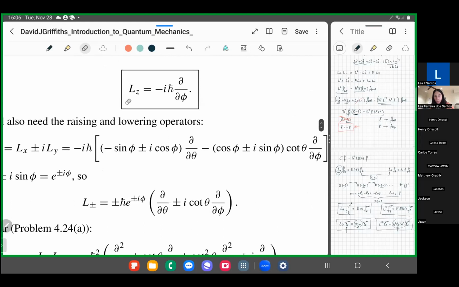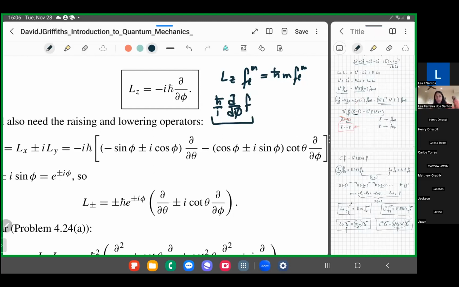This is the LZ. So you see the LZ acting on our function, we would have LZ on the function equal to H bar M and the function. Well, what this is telling us is that this is H bar over I derivative in phi of this function.